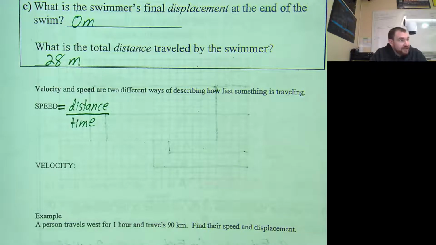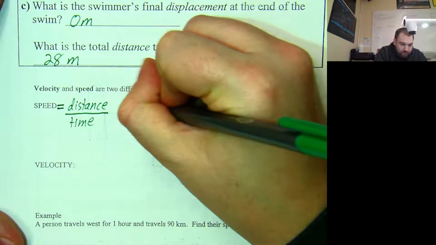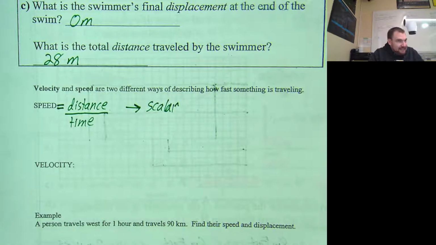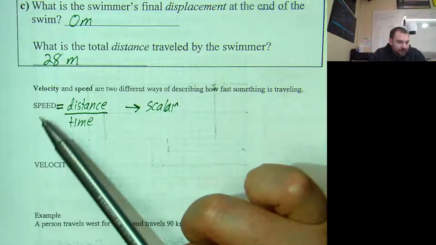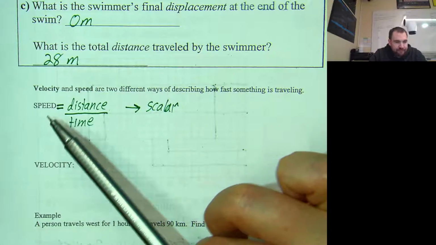Speed is a scalar or a vector? It's a scalar. And speed is a scalar because distance is a scalar, and so is time. If the thing you're looking at is made up of scalars, it also must then be a scalar.